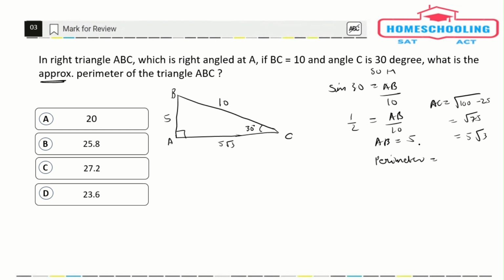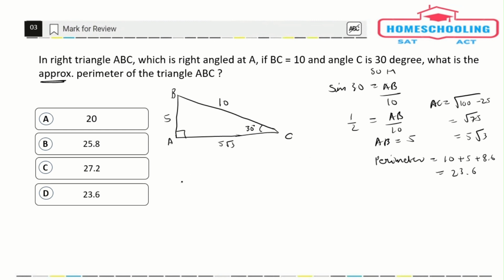So 10 plus 5, 15, plus 8.6, so your answer would be 23.6. So D would be the answer. This is your traditional method and it consumes slightly more time.